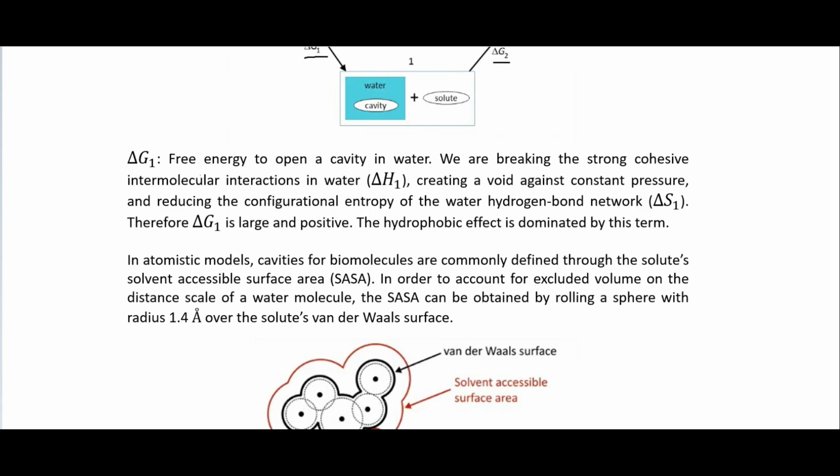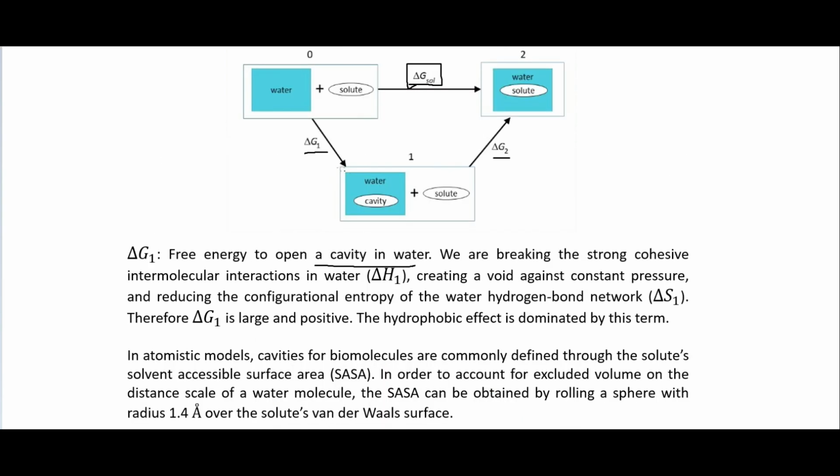So like I said, delta G1 is the free energy to open a cavity in water, so that's this one right here. We're breaking the strong cohesive intermolecular interactions with water, so we have to break the hydrogen bonds between water apart in order to make this cavity, and that's going to be our delta H1.